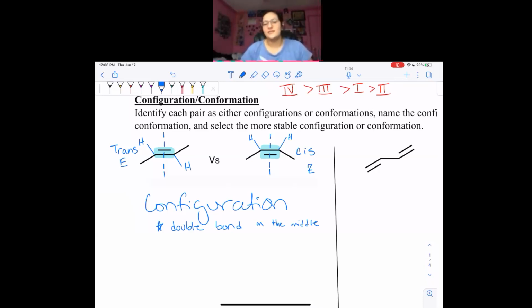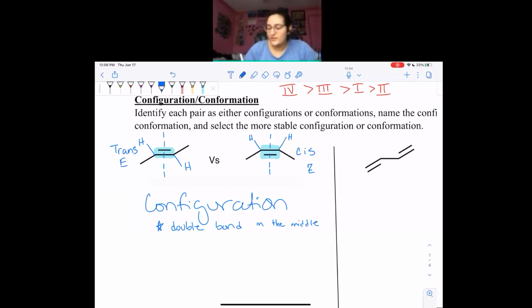Cis and trans is a little bit more specific, like you can only use it for specific cases. You don't have to worry too much about it. In this class, if you call it trans or cis, you're not going to get it wrong, but just know that E corresponds to trans, Z corresponds to cis.